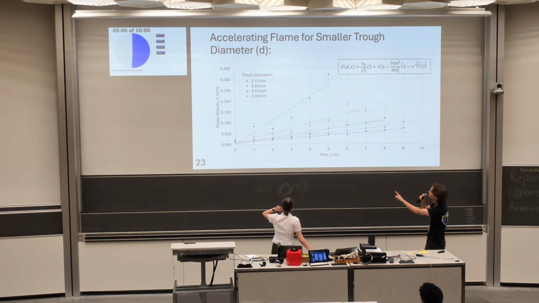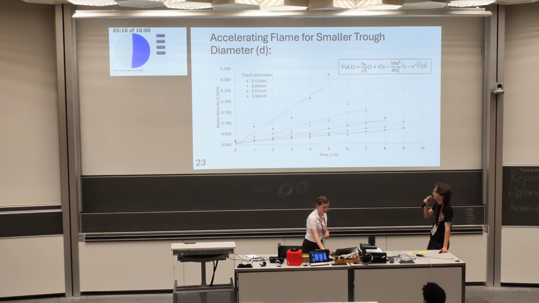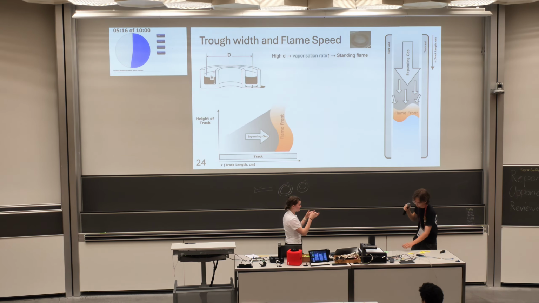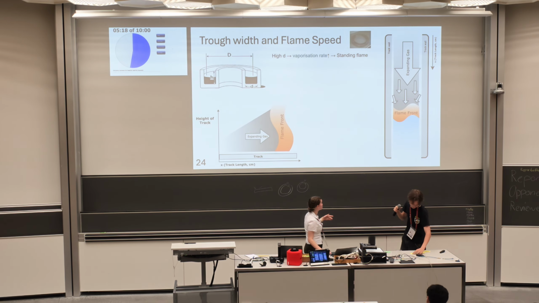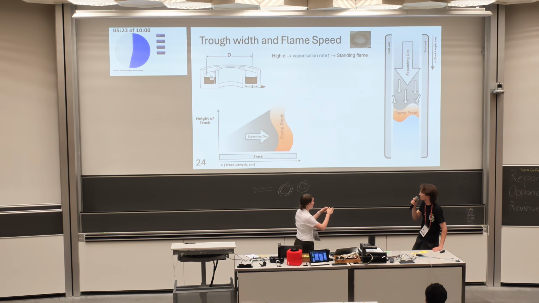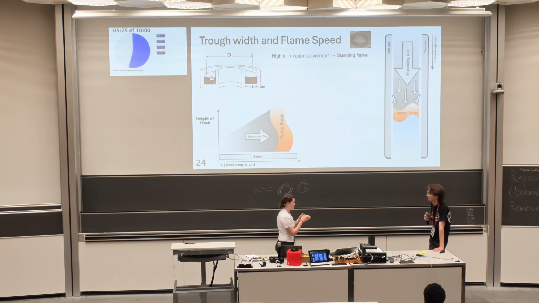May I ask why the velocity is not continuous over time, or why we have separate points? Oh, because as I explained in my presentation, the trough's width actually impacts the acceleration of the flame, because the walls surrounding it act as a heat sink, and also as you increase the trough diameter, there is intuitively more fuel at the base.